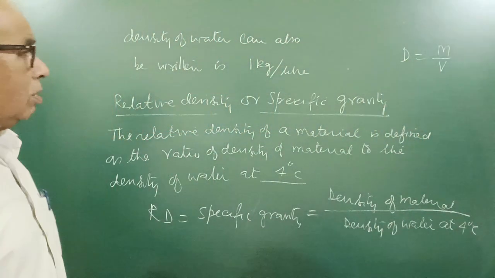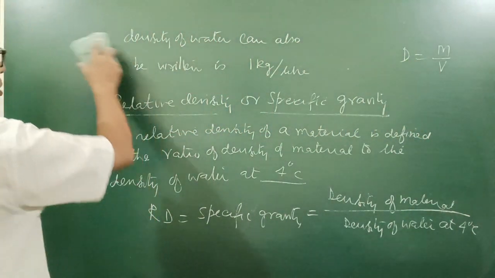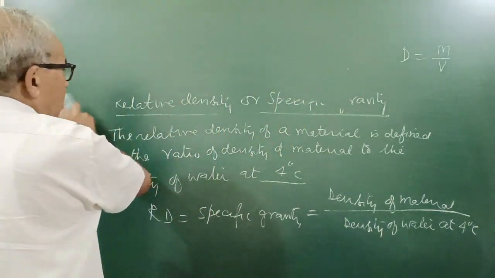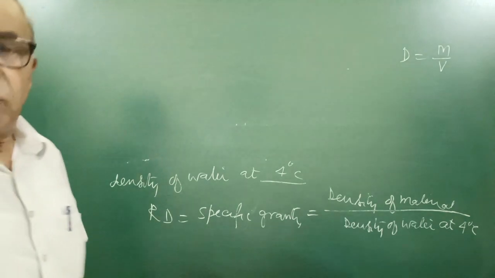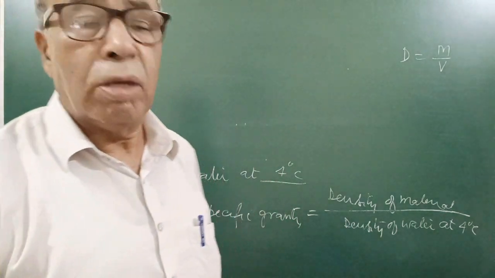So why do we talk about specific gravity or relative density? By knowing relative density, we can tell whether a body is heavier than water or lighter than water.